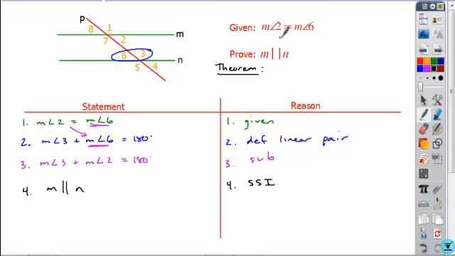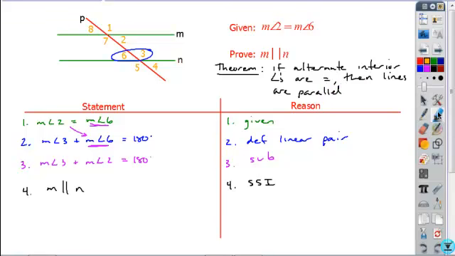So we just went through a second theorem involving parallel lines, or to prove parallel lines. That theorem was if our alternate interior angles are equal, then that's enough to show that lines are parallel.